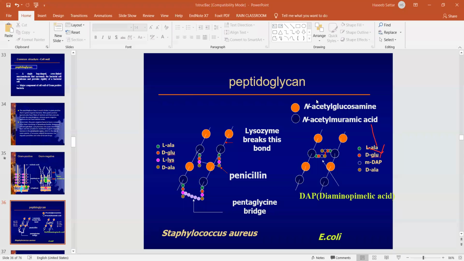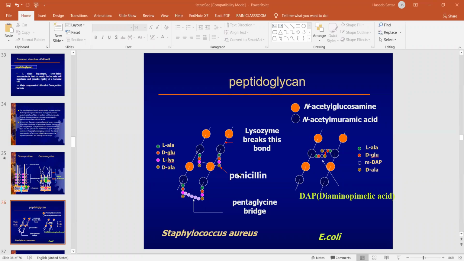Okay, so which form of carbohydrates is abundant in nature? L form or D form? D form. Very good, D form. The naturally occurring carbohydrates are dextrorotatory or D form, while the L form is more common with amino acids.